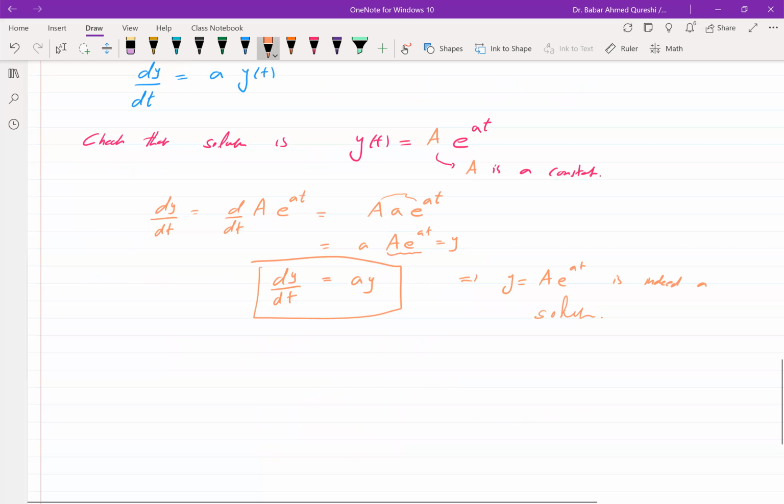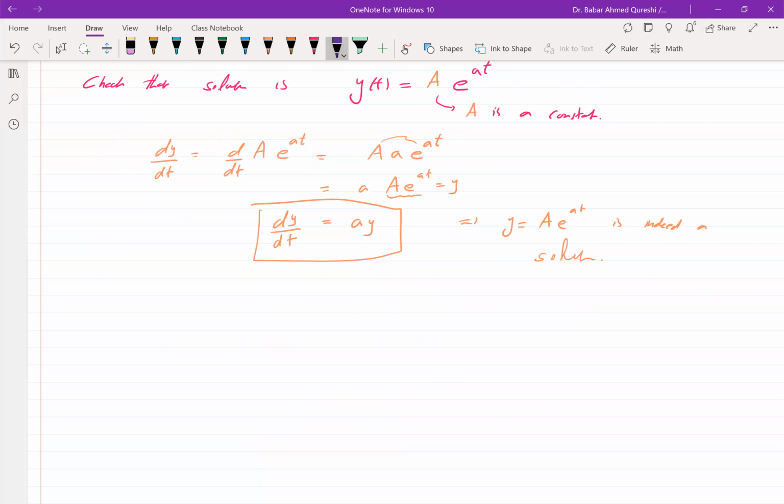It's in fact the most general solution. And for each value of capital A, you have one solution.